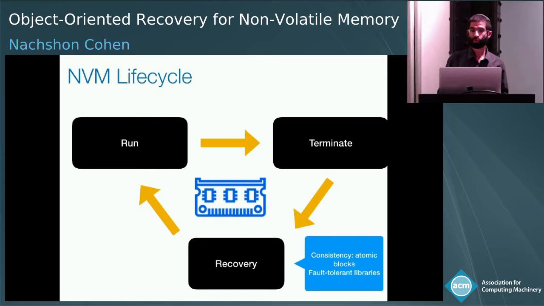In fact, there's a lot of work on recovery in terms of consistency, like writing atomic blocks or fault-tolerant libraries, to ensure that even if the application crashes in the middle of some operation, we're still able to restore the non-volatile memory to a consistent state.